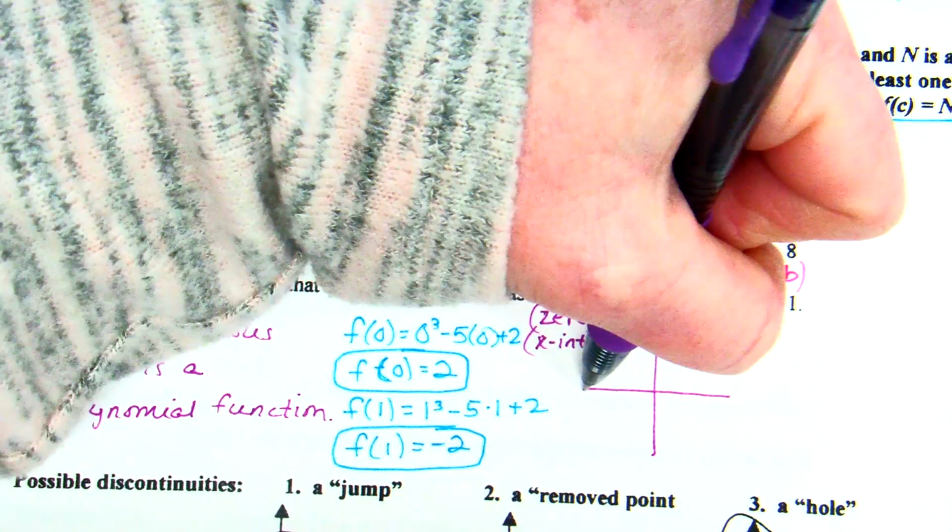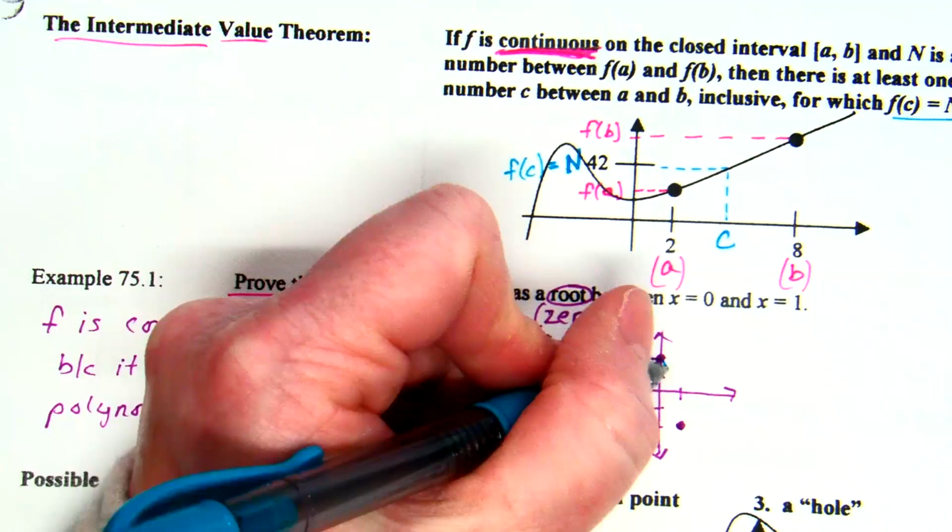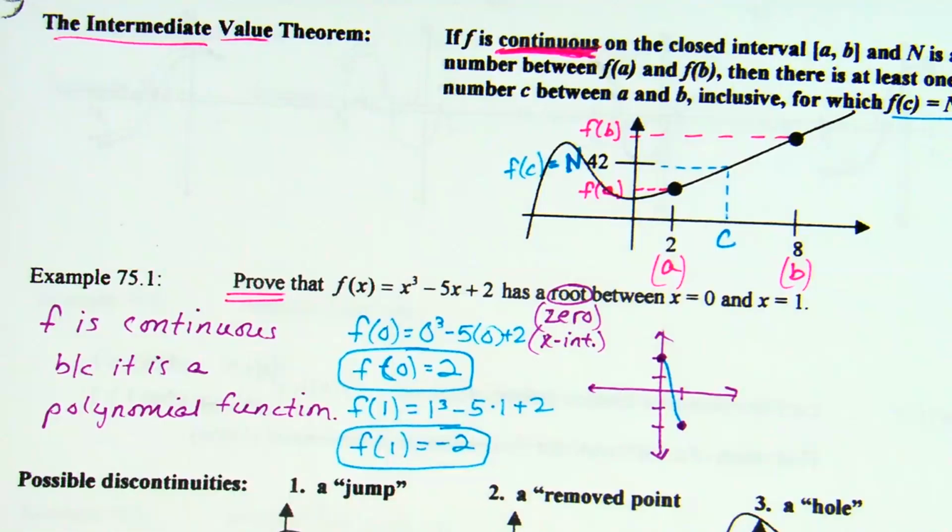Here's 1, negative 2. I don't care what the rest of the graph looks like. But this is a continuous function. So what's happening between those 2 points? It has to connect somehow. I don't know how, but it has to connect somehow. Because as my graph moves left to right, it's going to connect them.